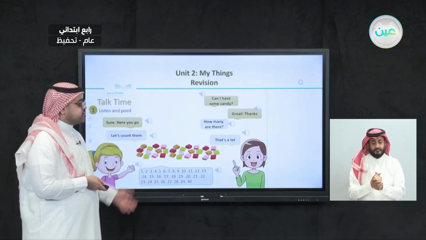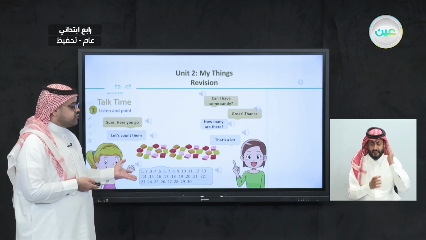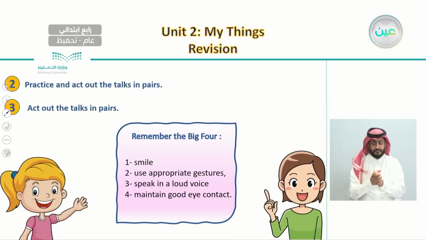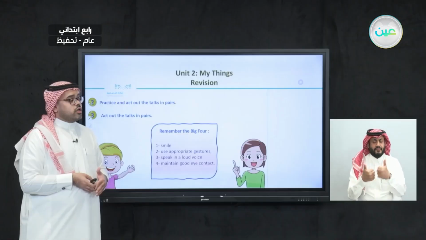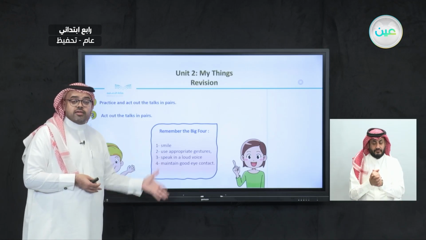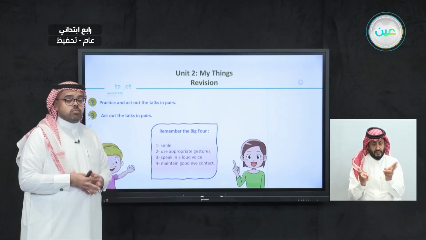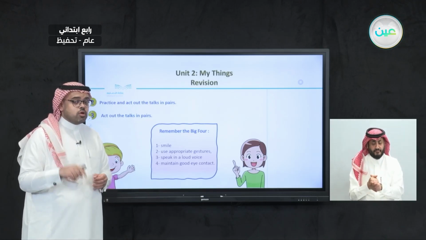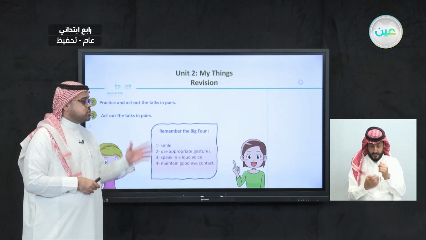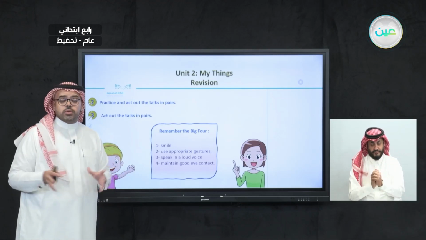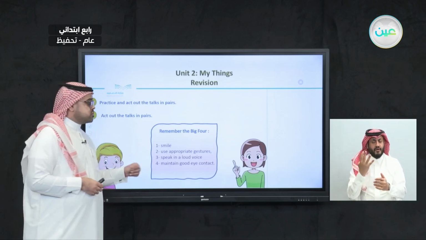After listening to this conversation, we said to try to act out this conversation with your partner, whether he or she is your classmate or a family member. Try to act it out in pairs. And when you do so, don't forget the important Big Four. What I mean by the Big Four is, first, to smile.